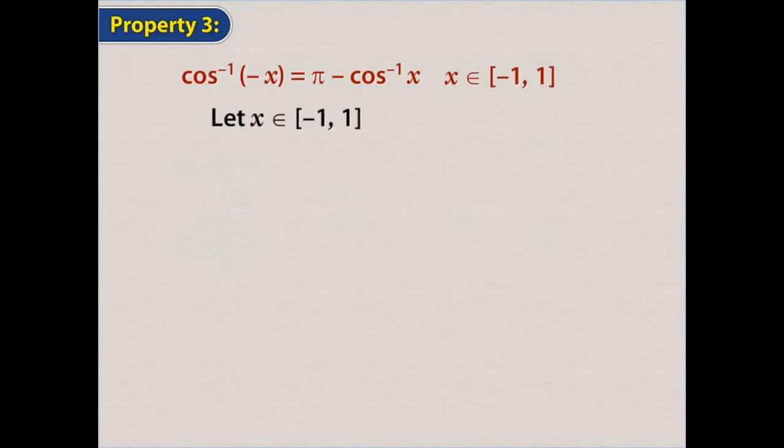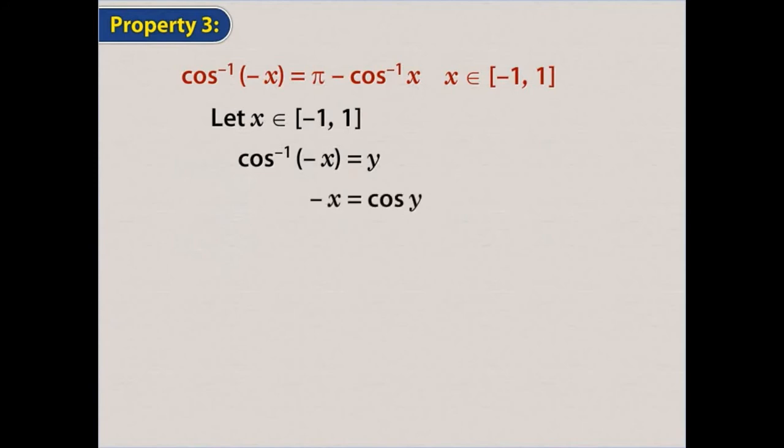Property 3. Next we prove that cos inverse of minus x equals pi minus of cos inverse x for x in the closed interval minus 1 and 1. Let x be an element in the interval minus 1 to 1. Cos inverse of minus x equals y.